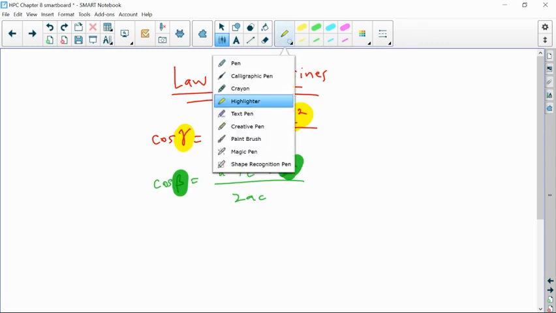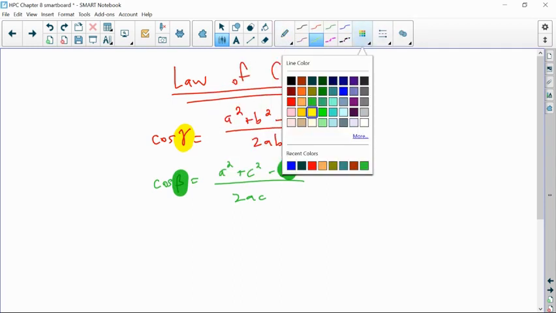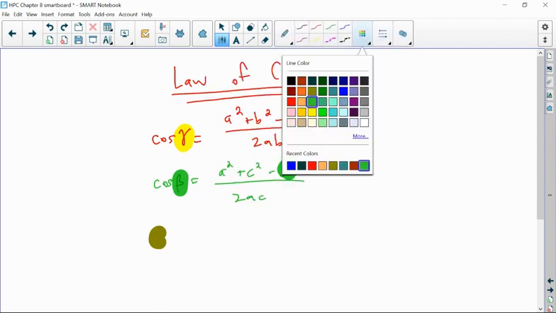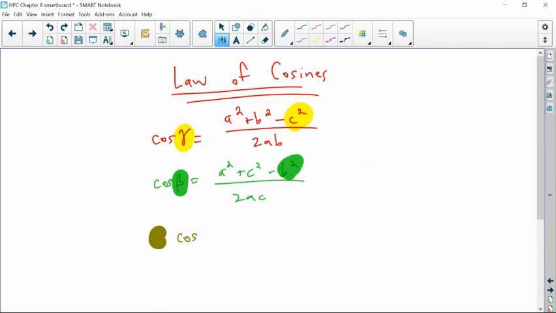Or you could have the other variation. Might as well put it here just to complete it all and appease my OCD. So we could say cosine of alpha equals b squared plus c squared minus a squared over 2bc.